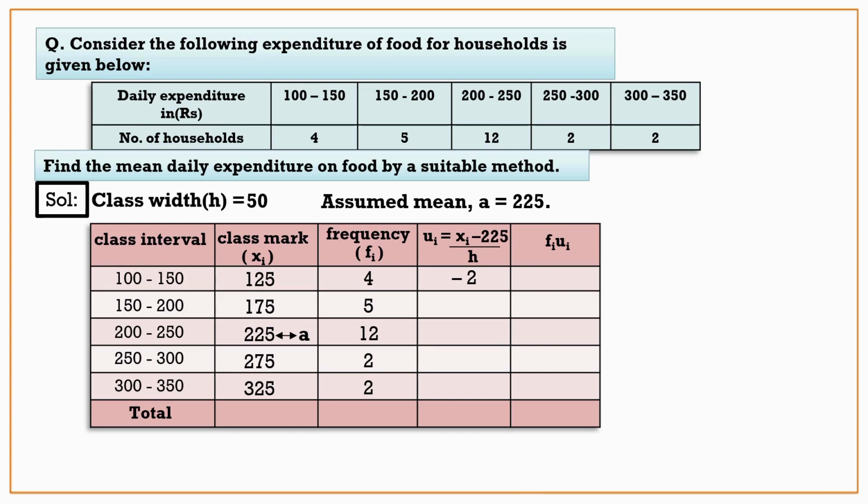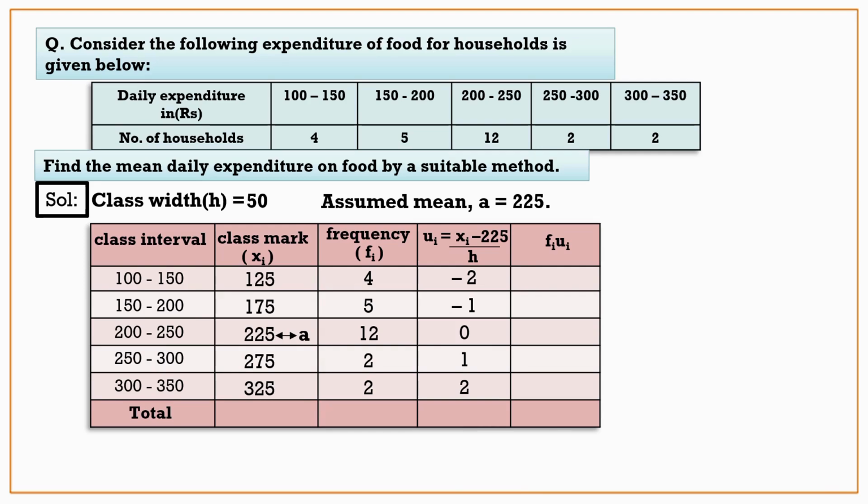That is, here xi is 125 minus 225 divided by 50. So that is minus 100 by 50, that is minus 2. So let's now calculate the other ui's similarly. Okay, so we filled up the ui values.